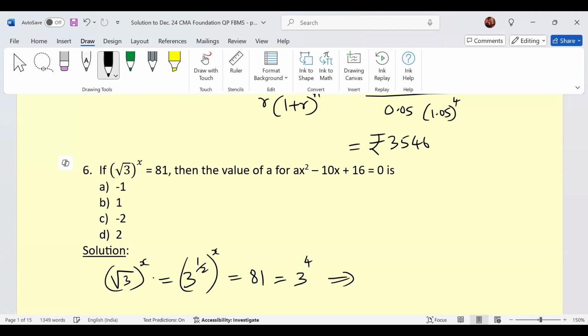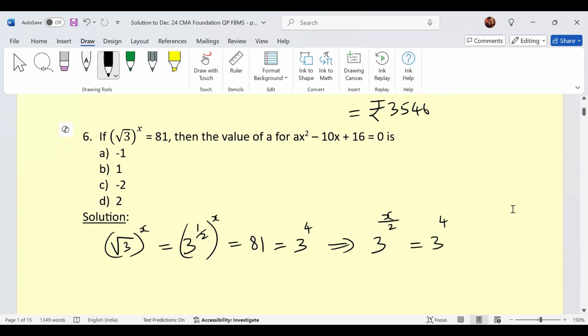So we can rewrite this as 3 to the power of x by 2 is 3 to the power of 4. Base is common, so we can equate the indices. This implies that x by 2 is 4, or x is 8.